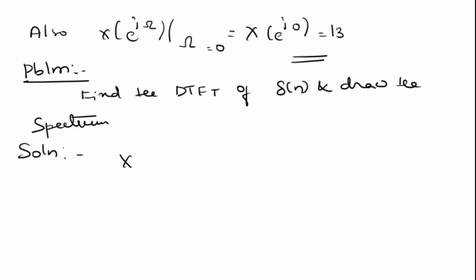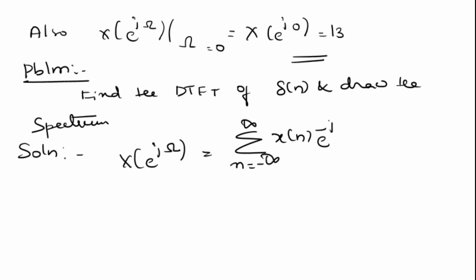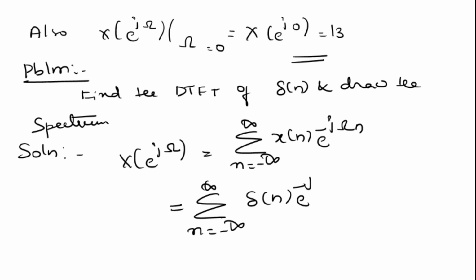We have X of e power j omega is equal to summation n is equal to minus infinity to infinity x of n into e power minus j omega n, which is equal to summation n is equal to minus infinity to infinity delta of n into e power minus j omega n.